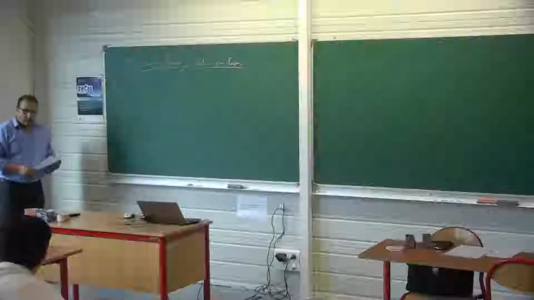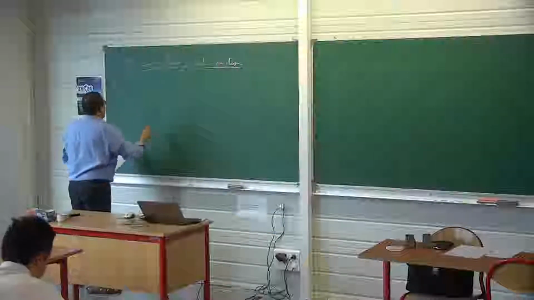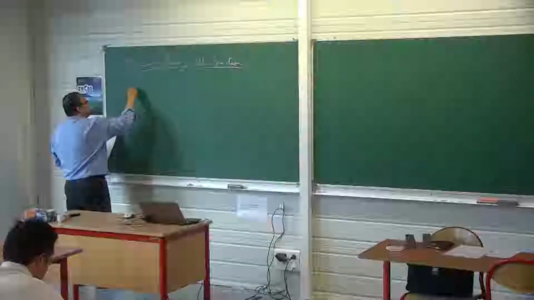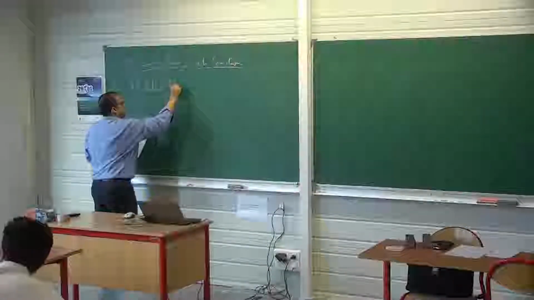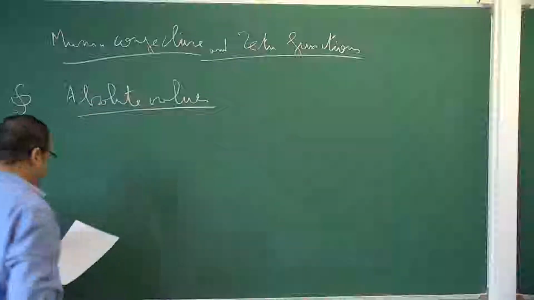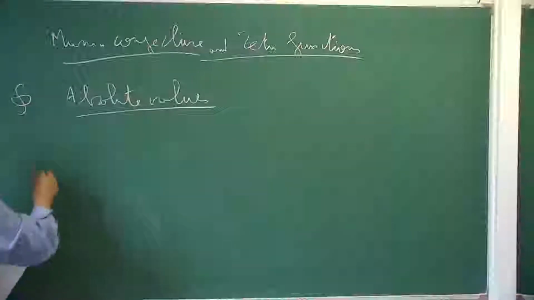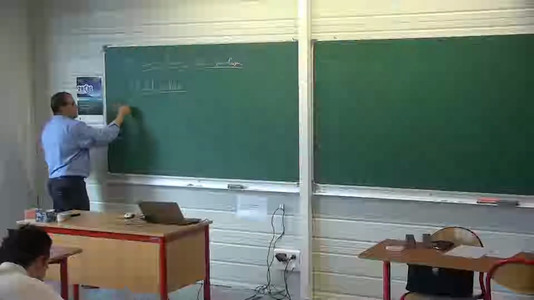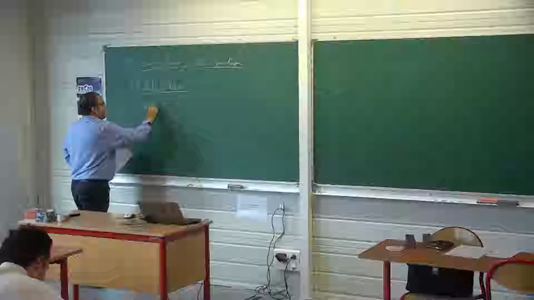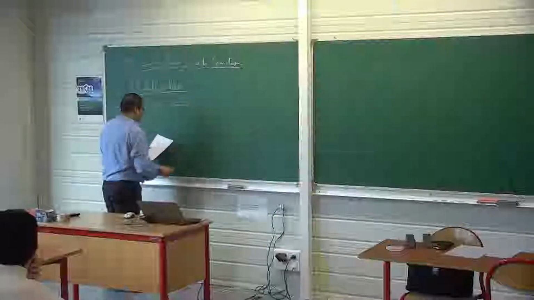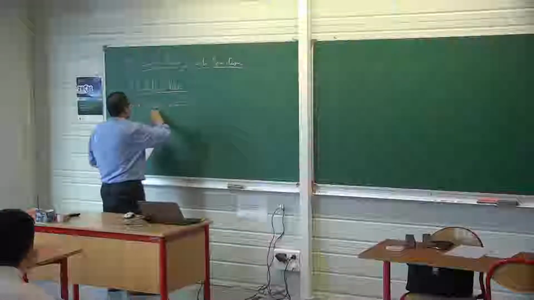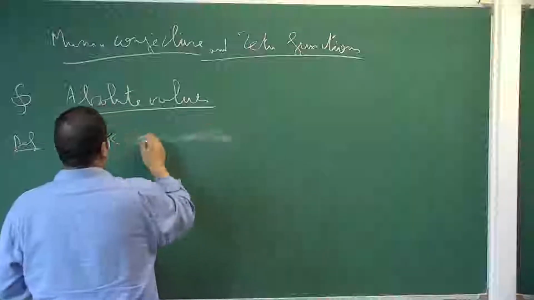I need several definitions. First I will define what we call absolute values. Definition. Let K be a number field, or any field. For this definition, let K be a field.